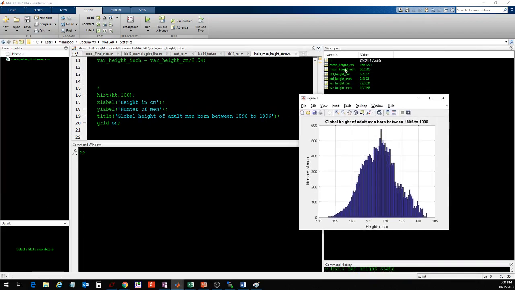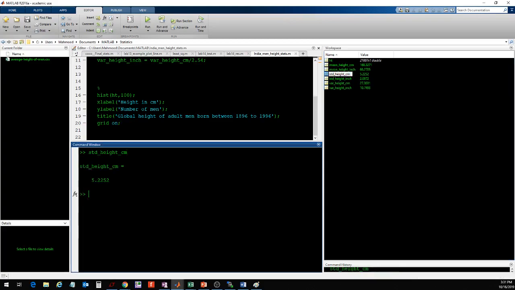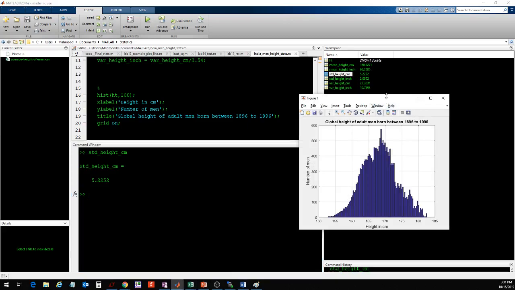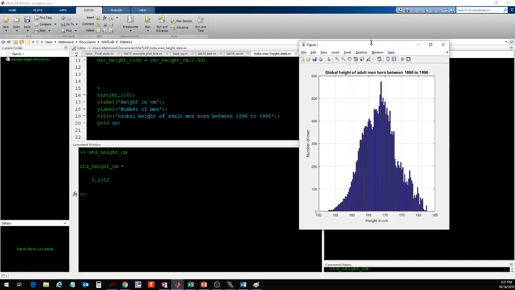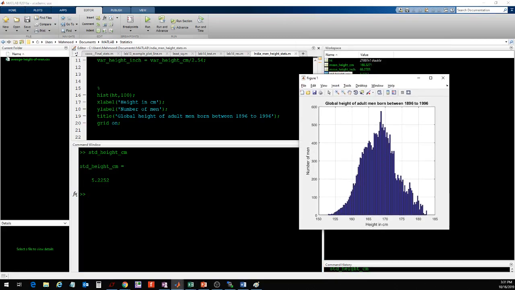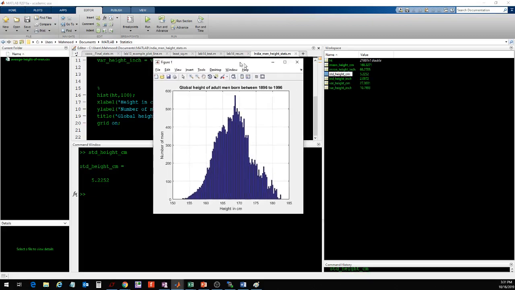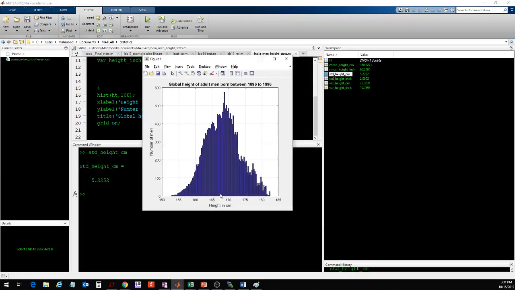Let me look at these numbers over here. The standard deviation of height in centimeters, let me look at that first and see how it relates to my plot, the histogram. As I can see, the standard deviation is about 5 centimeters. The mean noted earlier was 168, so somewhere around here.